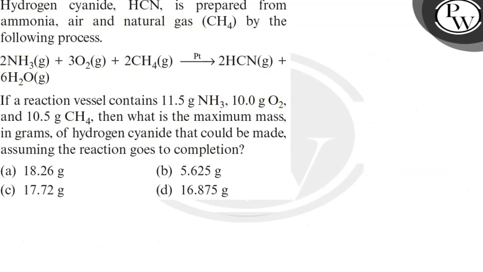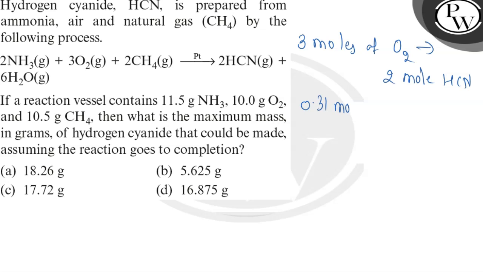Now O2 is the limiting reagent. So 3 moles of O2 it gives 2 moles of HCN. So कितने moles of O2 है इधर? 0.31 mole of O2 gives X moles of HCN.